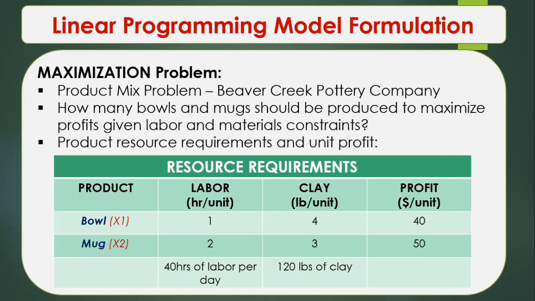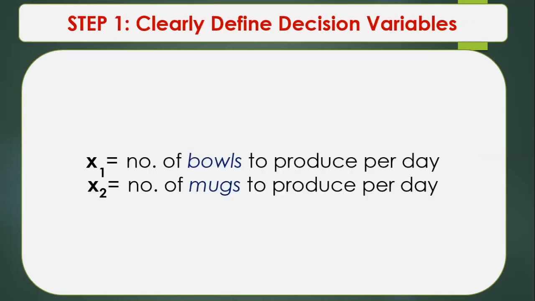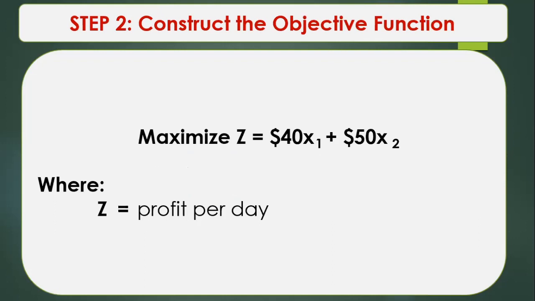Therefore, our objective is to maximize Z equals $40 times x sub 1 plus $50 times x sub 2, where Z refers to your profit per day.